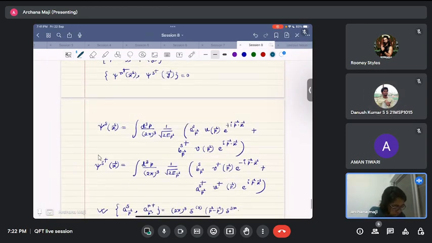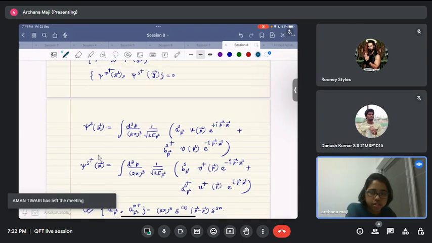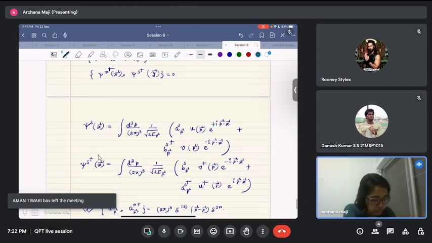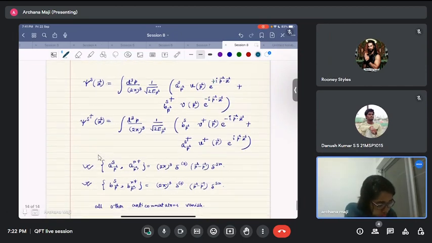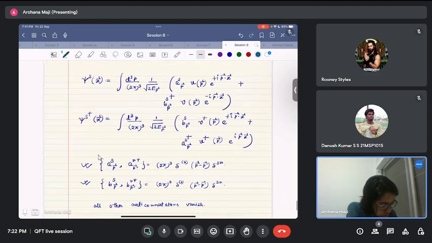It should be plus and it should be minus, so that when we write down the corresponding Heisenberg picture operators, we get the correct sign. We get exponential minus i p dot x for the positive frequency solution and exponential plus i p dot x for the negative one. So this is plus and this is minus.